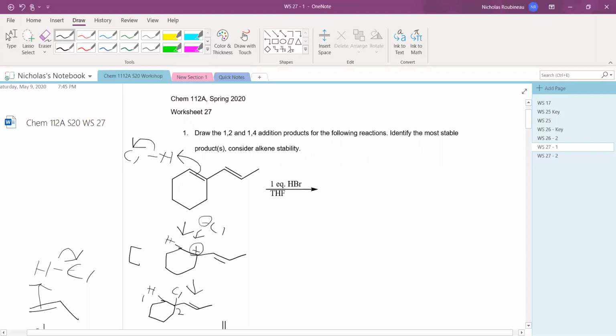But like I said, there's a resonance form, so we can show the electrons flowing towards the double bond. That puts the double bond here. The hydrogen we added from HBr is still here, and now the cation is here.